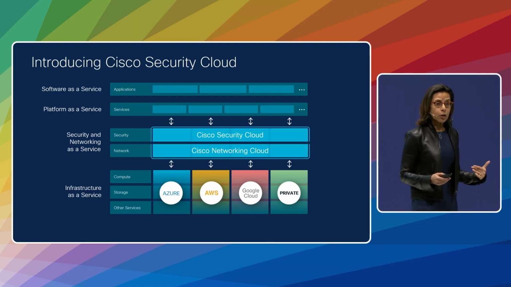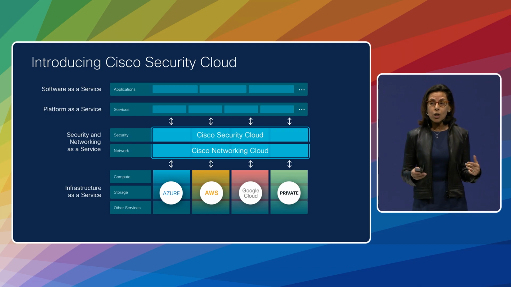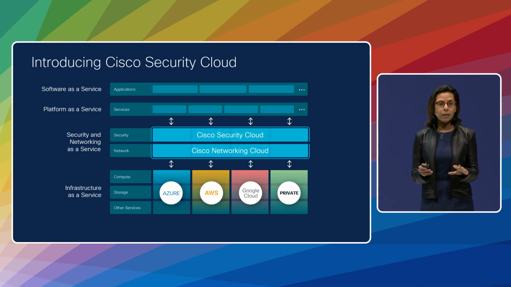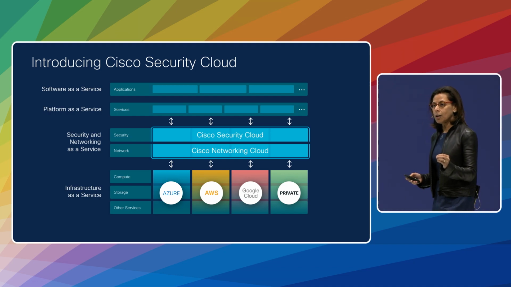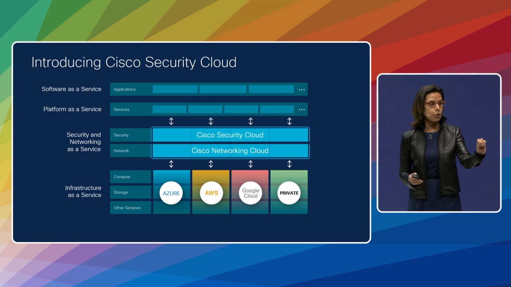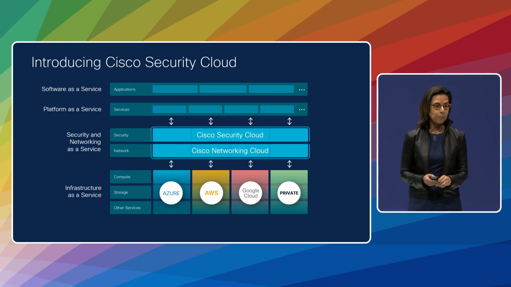As Cisco, we are very focused on staying in the swim lane of where security meets the network. That means we look at everything from when a user accesses an application all the way through to when the application gets to the data that it is using.